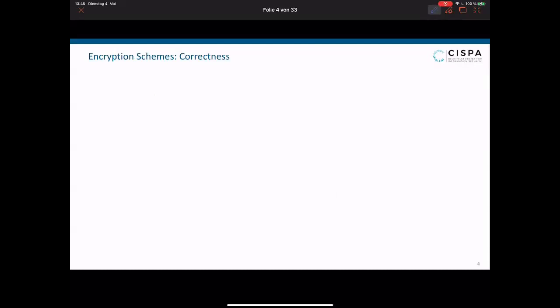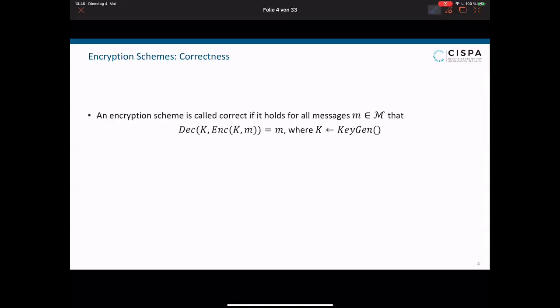Now, the first property that we've already discussed in the beginning is something called correctness. We say that an encryption scheme is correct if it holds for all messages M that if we encrypt our message M with a key K and then decrypt it again, then we get back the same message.